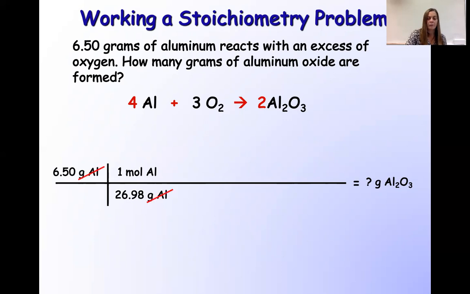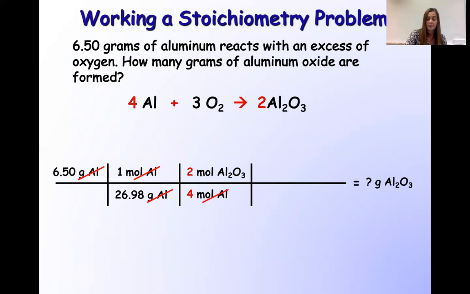And now we're going to convert from moles of aluminum to moles of aluminum oxide. So we have 4 moles of aluminum for every 2 moles of aluminum oxide. So now the moles of aluminum are going to cross out, and I have moles of aluminum oxide. And one last step, I need to convert from moles of aluminum oxide to grams of aluminum oxide. So I'm going to look it up on the periodic table.